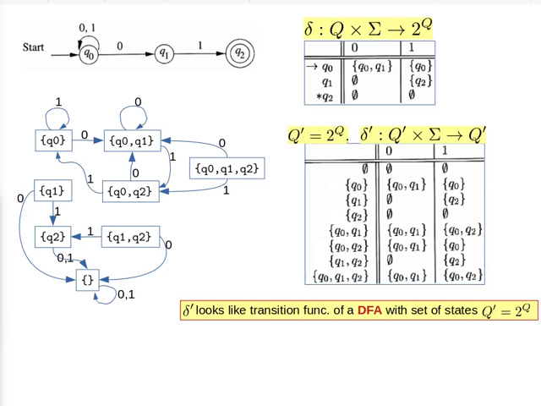Now as I said, suppose you are given this NFA, and then how did we define this delta prime? So instead of considering a single current state, we are considering a set of current states, and then again on symbols we are looking at what are the possible next states.